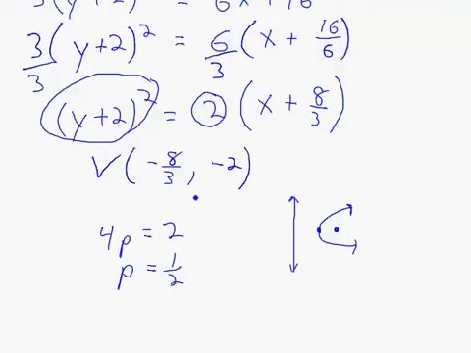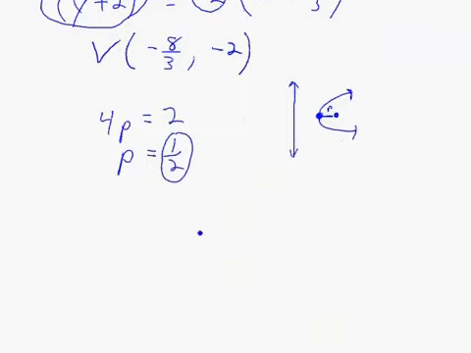So that means if we want to get to the focus point, all we have to do is go a distance of p, because p is positive, to the right of the vertex to get to the focus. That means all we have to do is take the coordinates of the vertex, -8/3, -2, and because we're going horizontally to the right, I can add p to the first coordinate of the vertex.